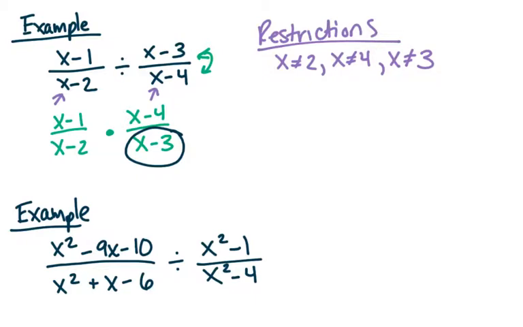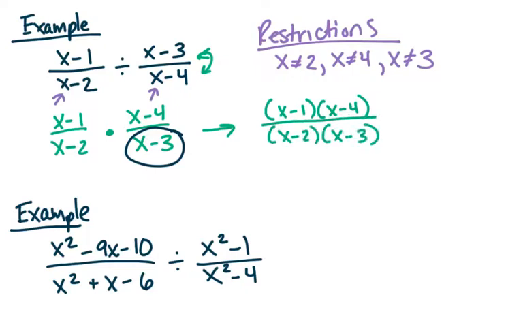There's something that I can cross out. So I'm just going to multiply straight across. Make sure you're putting parentheses around your numerators and denominators. So x minus 1 times x minus 4 over x minus 2 times x minus 3. And you don't have to distribute these out. You can just leave them the way that they are.